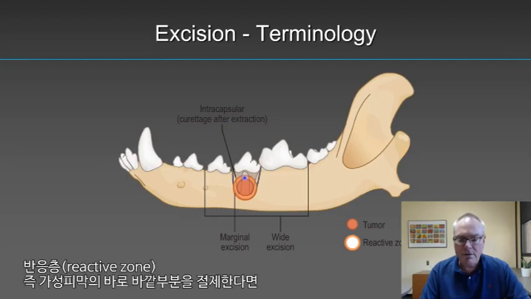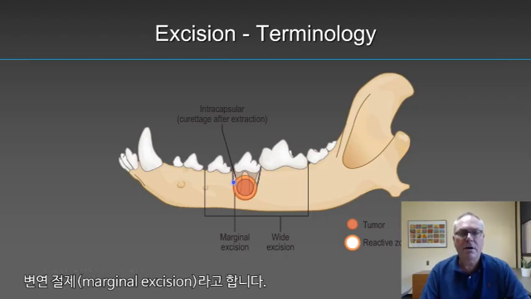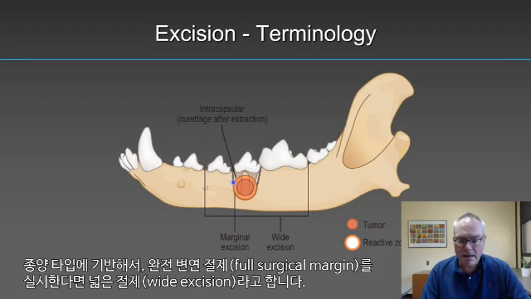If we remove the tumor just outside the reactive zone, just outside that pseudocapsule, that is known as a marginal excision. And if we apply our full surgical margin as indicated by the tumor type, so that the incision is most definitely in normal tissue, that is known as a wide excision.